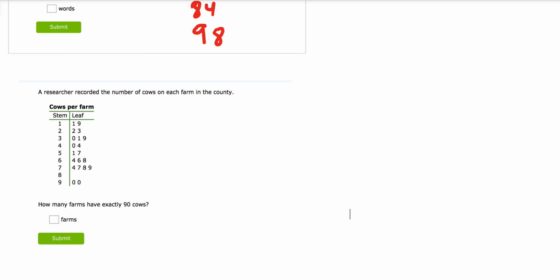Okay, for this one here, a researcher recorded the number of cows on each farm in the country. So, a guy's traveling around. He sees farm A, farm B, farm C, right?